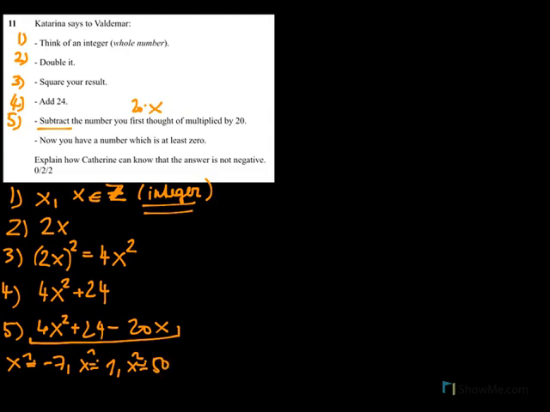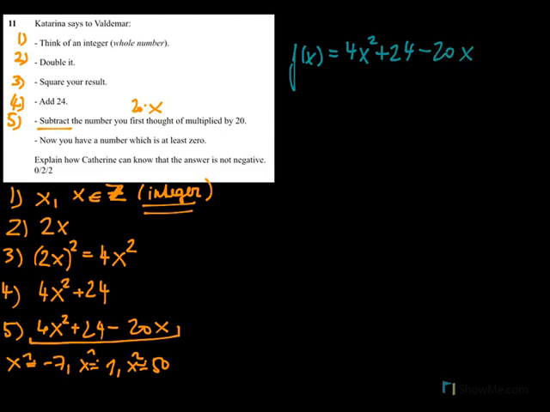We will model this with a function, and the domain of this function will be all integers. So let's write down this as a function. f of x is equal to 4x squared plus 24 minus 20x.